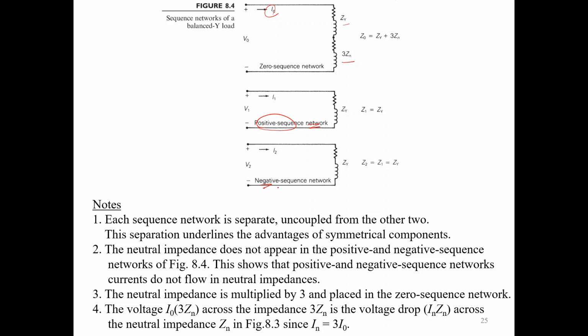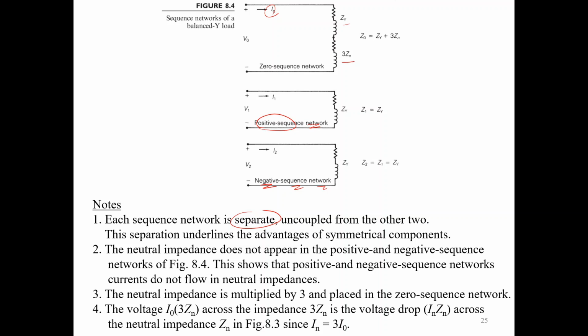We have the negative sequence network, which is a function of V2, I2, and Zy, which is Z2 in this case. All of these are uncoupled from each other, because V2 and V1 are not governed by the parameters in the zero sequence network or negative sequence network. Each sequence network is separate, that's why it's called uncoupled from the two others.